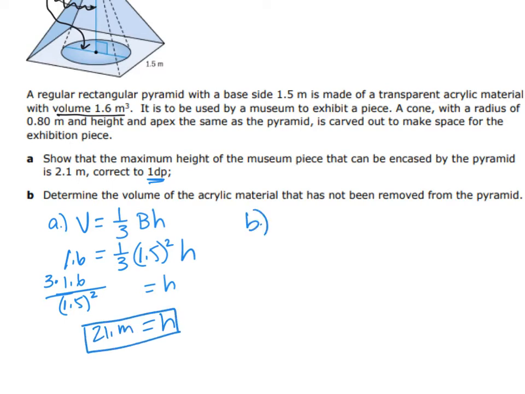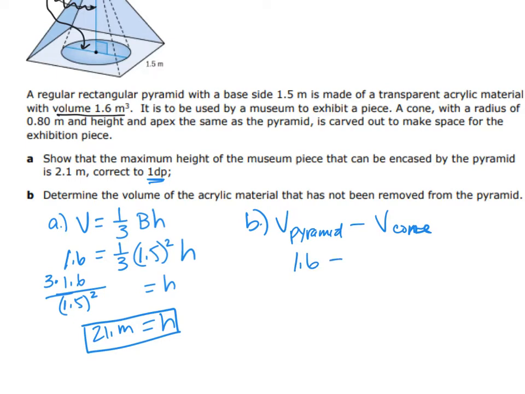And then part B says, determine the volume of acrylic material that has not been removed from the pyramid. So to find that volume, we will take the volume of the pyramid and subtract the volume of the cone. The volume of the pyramid we were given is 1.6 cubic meters.